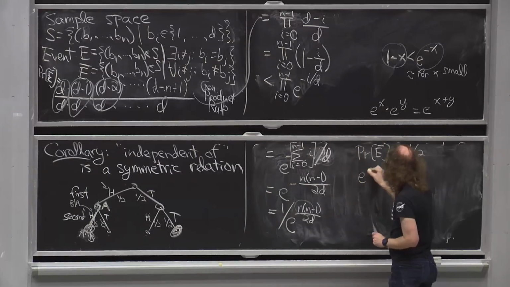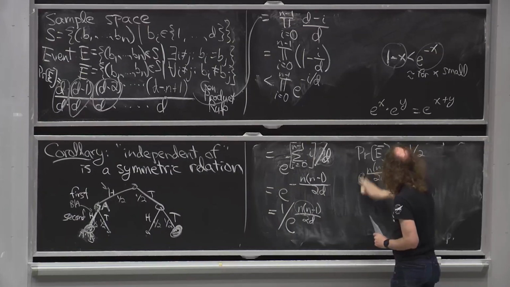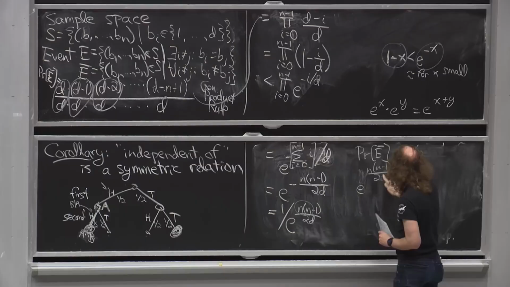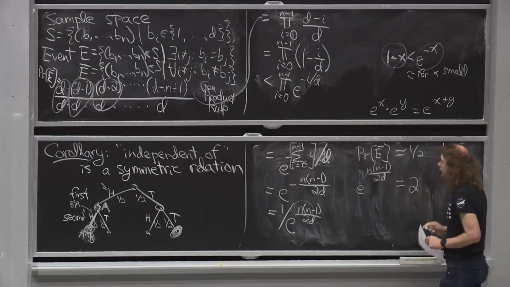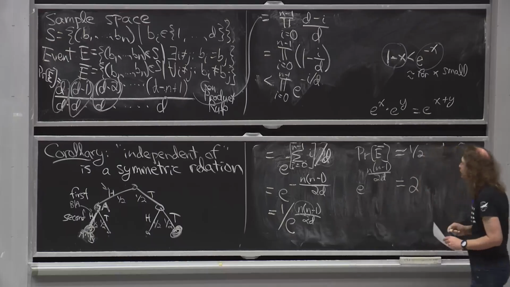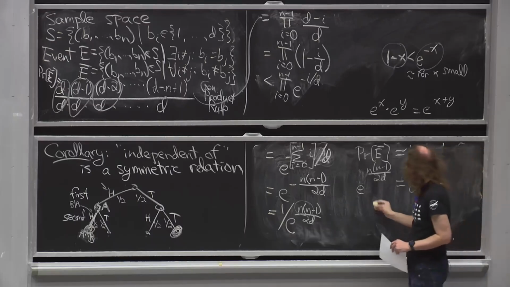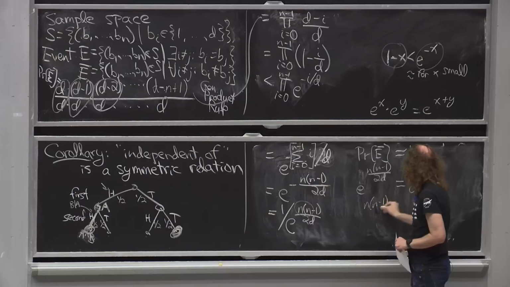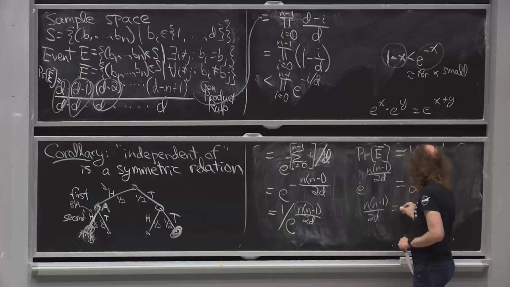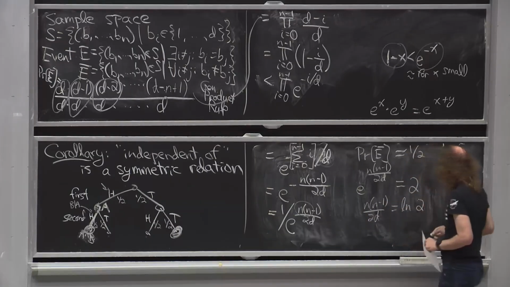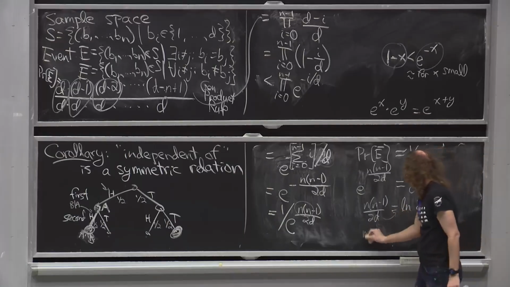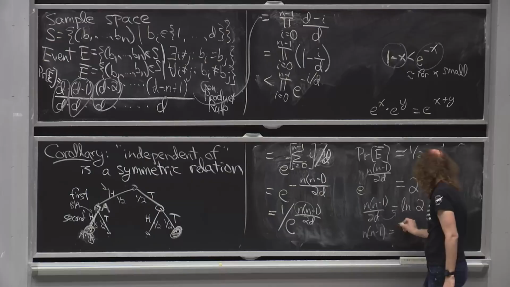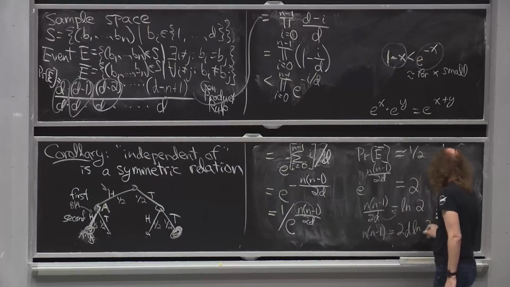Right, so we want e to the n times n minus 1 over 2d, this is all in the exponent, to be equal to 2. That's when 1 over it will equal a half. OK, so we take logs of both sides. That's n times n minus 1 over 2d equals ln 2, natural log. So we move this over and get n times n minus 1 equals 2d ln 2.